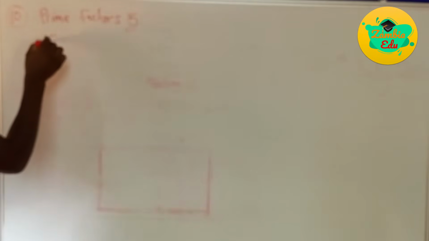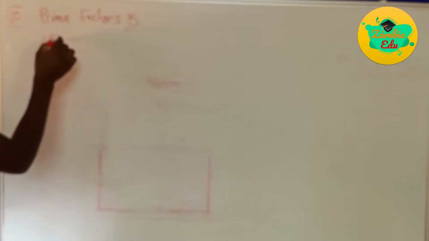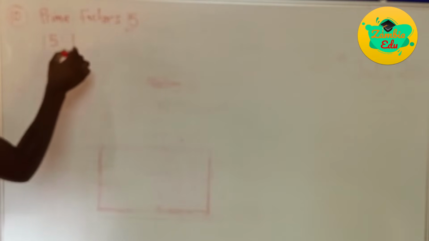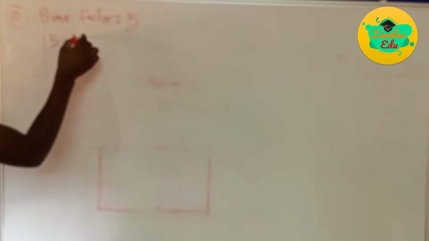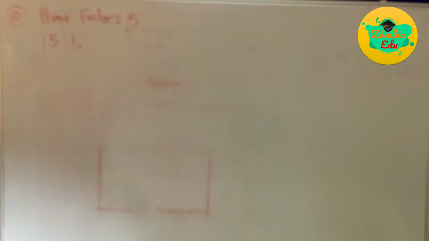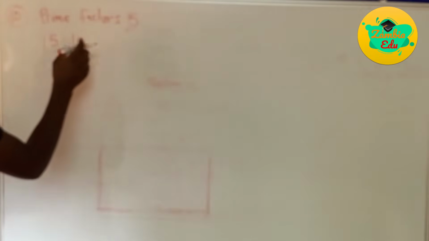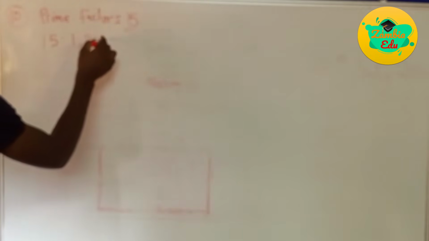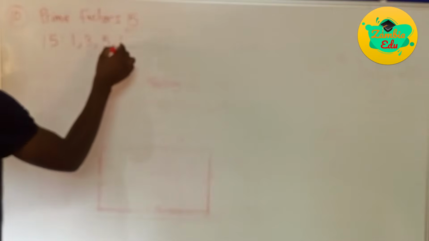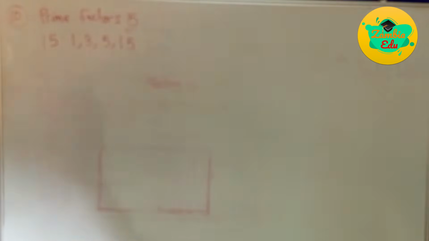So when we say factors, just so that we're on the same page, factors are numbers which can go into another number without leaving a remainder. So we have 1, we have 3, we have 5, and we have 15 itself as the factors of 15.